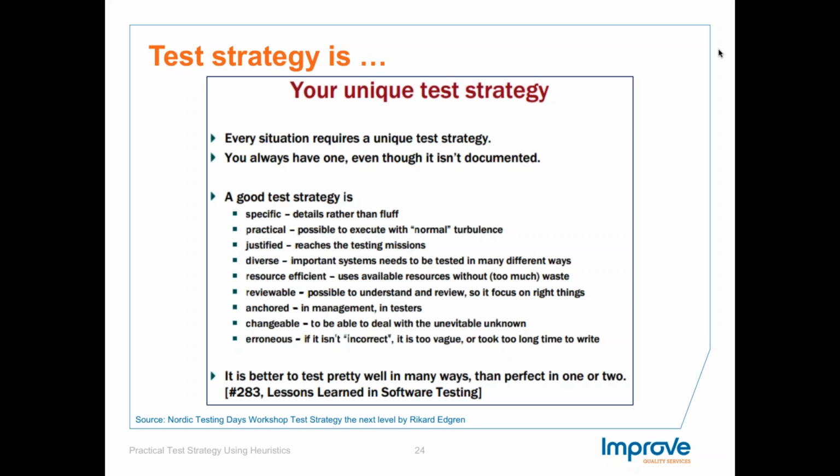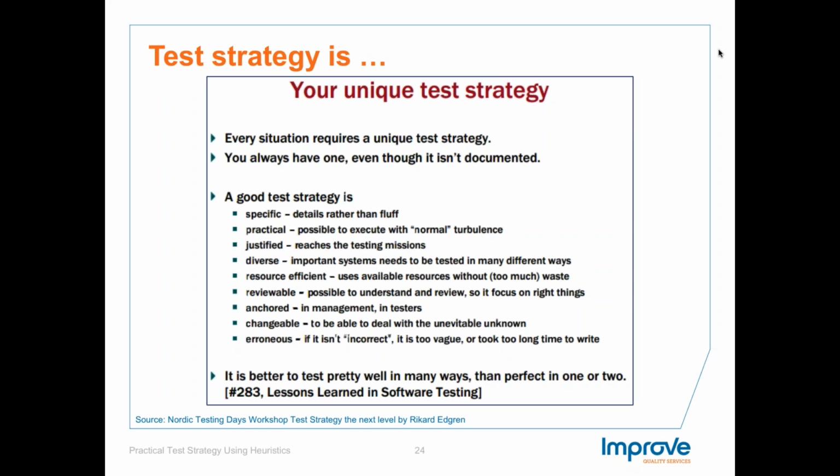If I know my customer's mission, if I know my product owner's mission and his need for information, if I know how they are going to determine if we can go live with this product, or if it's good enough, or if it meets their desires, all those questions need to be answered. Again, it needs to be diverse.